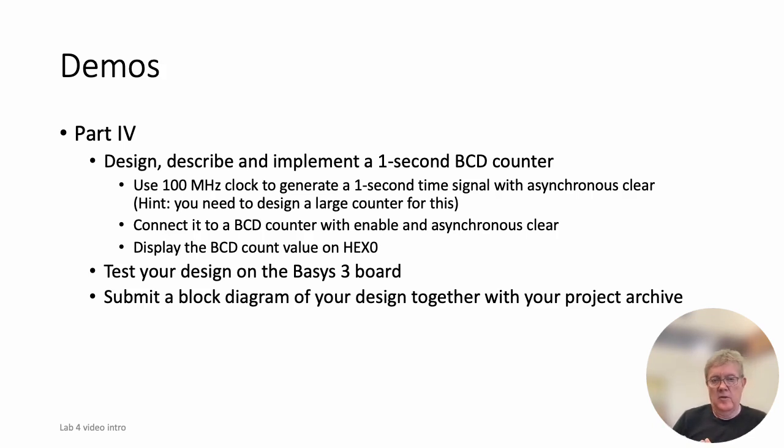In order to do this, you're going to use the 100 megahertz free running clock that's provided on the board, and you're going to use that clock to generate a 1 second time signal, which is effectively going to be used as the clock on your BCD counter.